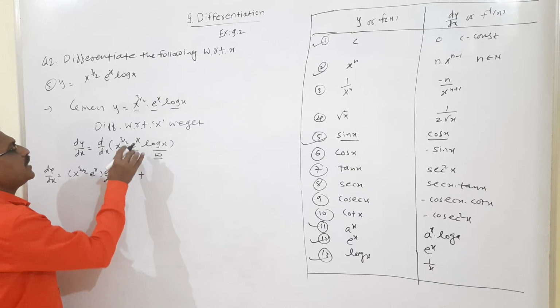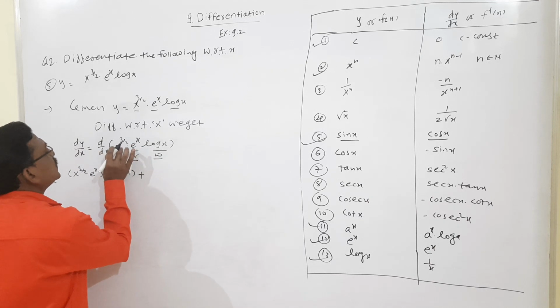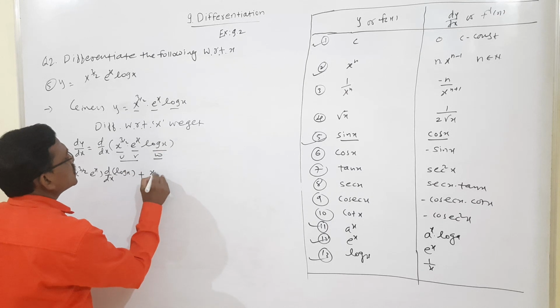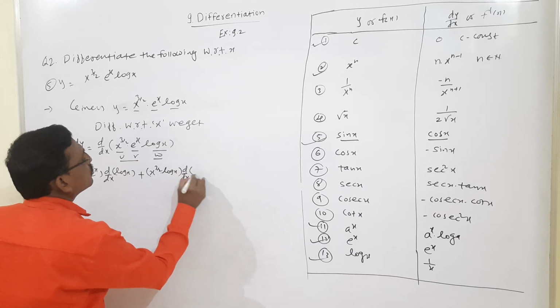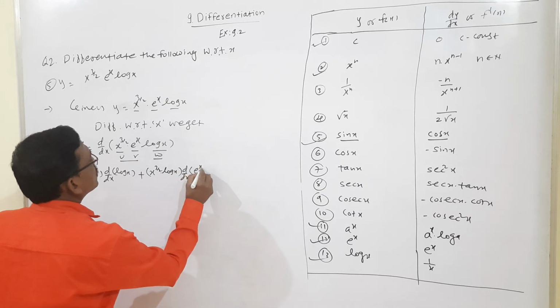Then plus, second, take the derivative of e raised to x, and take the first and third as they are: x raised to power 3 by 2 into log x as it is into derivative of e raised to x.